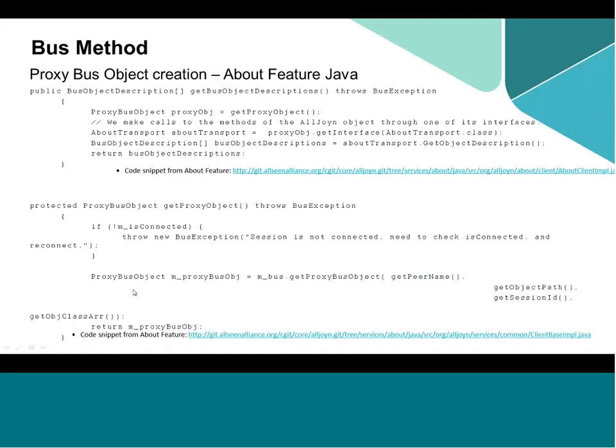Here's the session ID, and here is the array of interfaces that is going to be supported on the other side. And then we ask the proxy bus object to give us the actual individual interface we want to interact with. So this is that About interface that we wanted to grab.